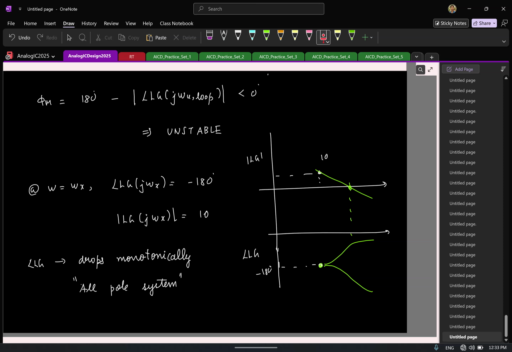So in addition to this constraint, if I tell you that this is an all pole system, then you can say that because the phase is only going to drop, the phase will definitely cross minus 180, and it's going to be unstable. Otherwise, we cannot make any comments.